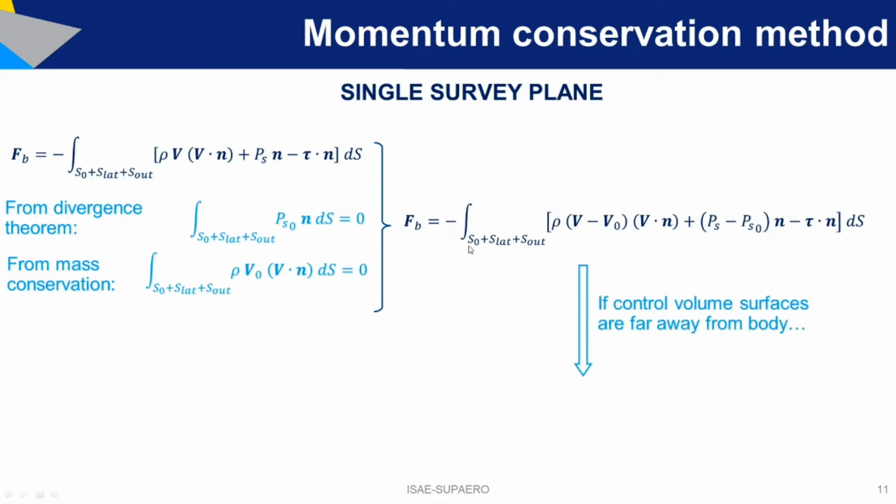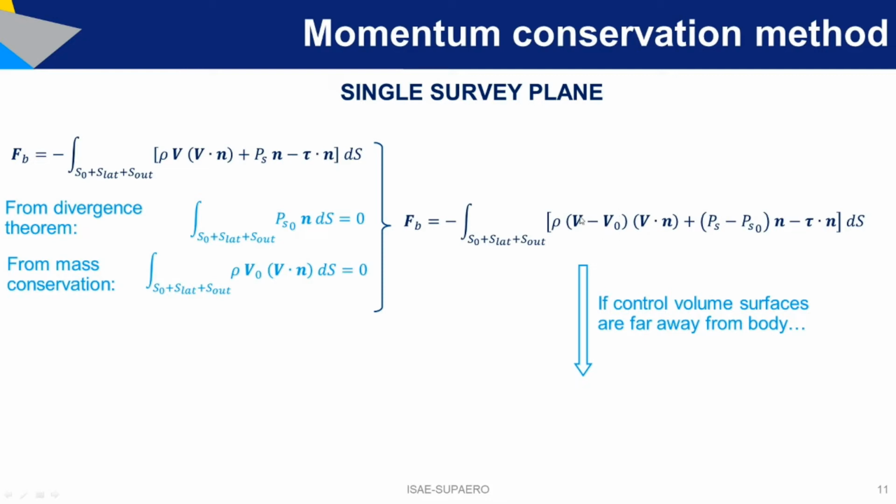Just in order to achieve that, let's assume that the surfaces of the control volume are placed far away from the body. That is, the upstream surface A0 is pushed far upstream, and the lateral surface I push away and they go to infinity. So those surfaces, S0 and the lateral surfaces, are so far away from the body that there are no flow perturbations at those surfaces.